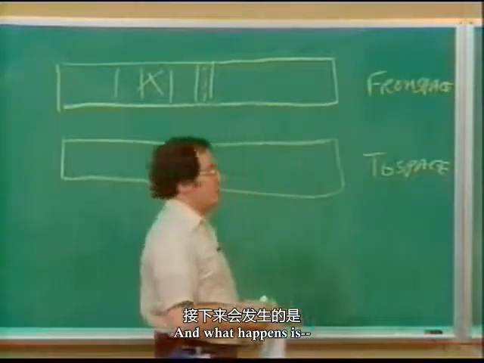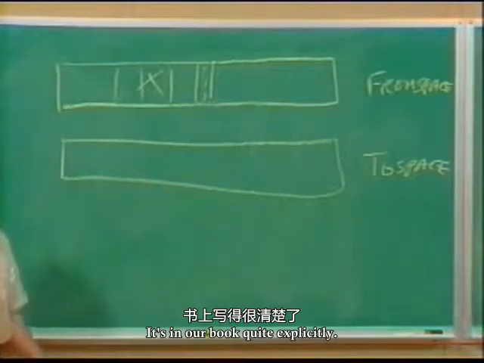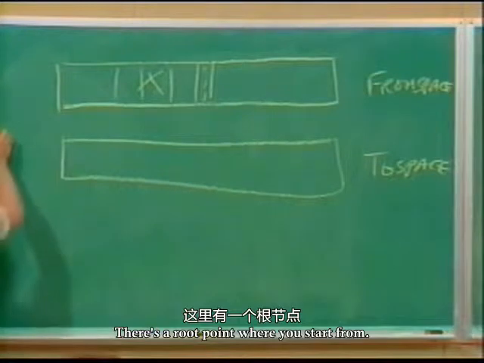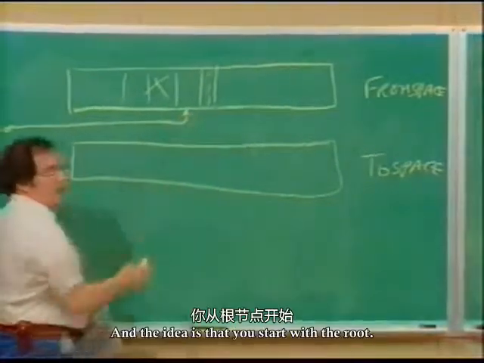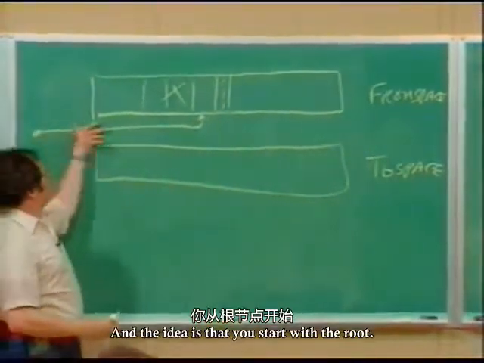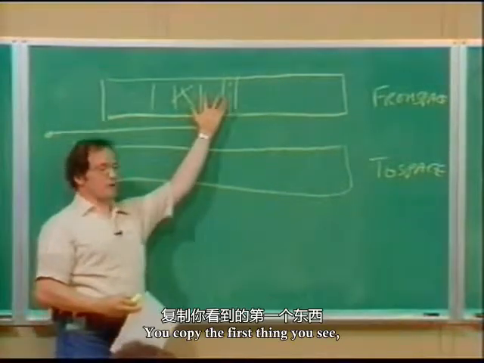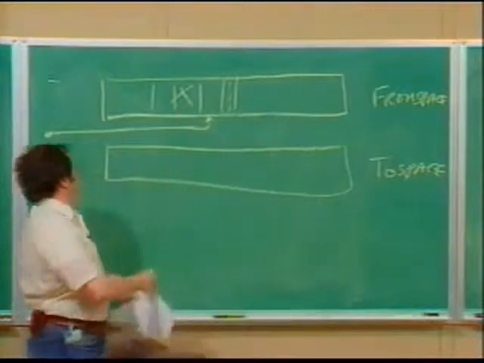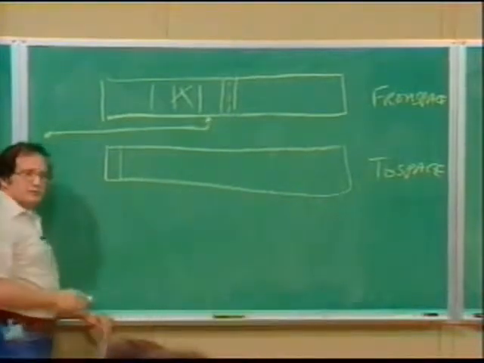And what happens is, and I'm not going to go through this in detail, it's in our book quite explicitly, there's a root pointer you start from, and the idea is that you start with the root, you copy the first thing that the root points at to the beginning of to space.